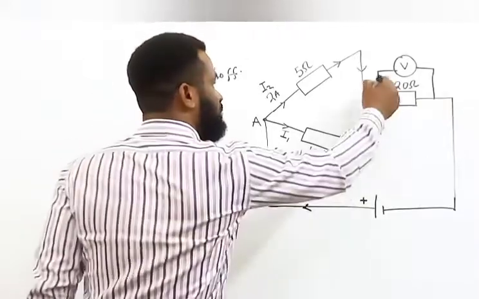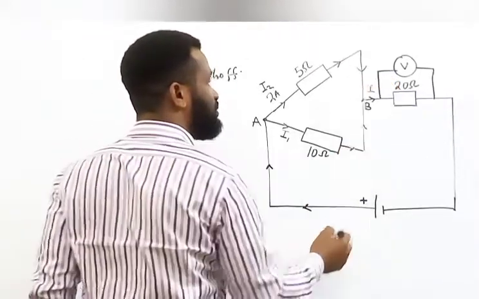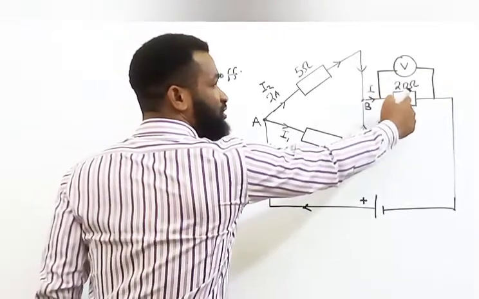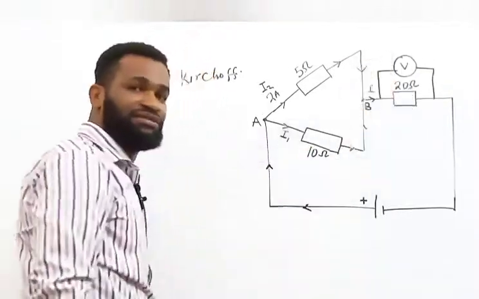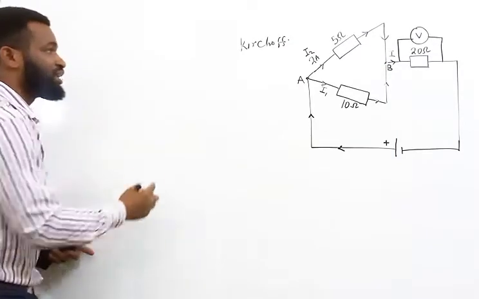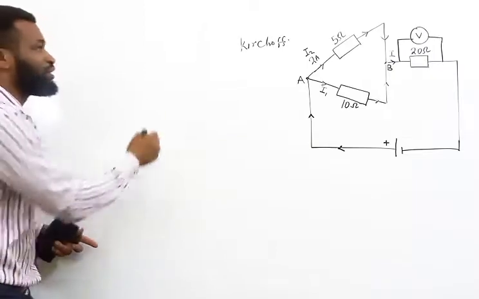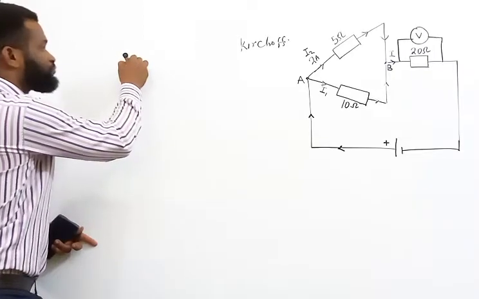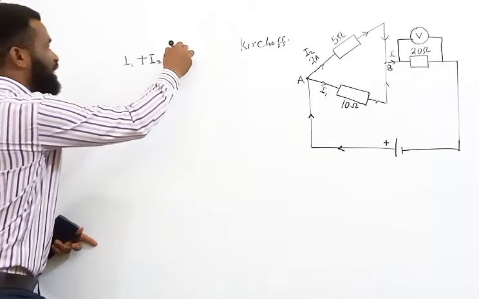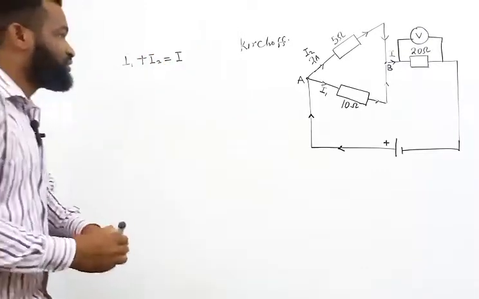So what is that current? I will call it I, which I don't know. If I know this current and multiply it by this 20, I can get this voltage. Let us use a simple algebraic equation, which says that I1 plus I2 is equal to I. Look at what I mean.